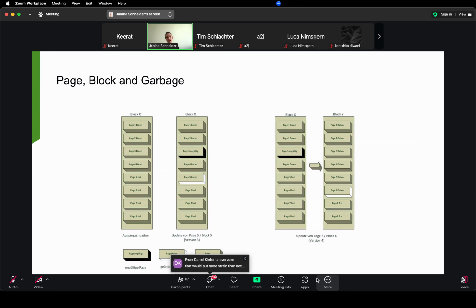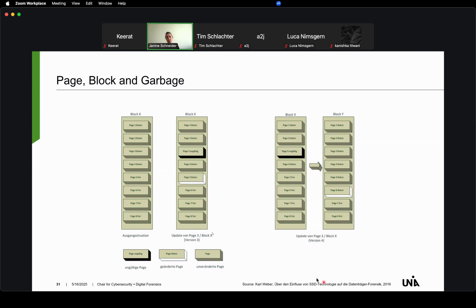According to Carl Weber, who wrote a technical report on SSDs in 2016, so maybe it's different today, back then he identified 4 strategies to write a page, and these are the 4 strategies.